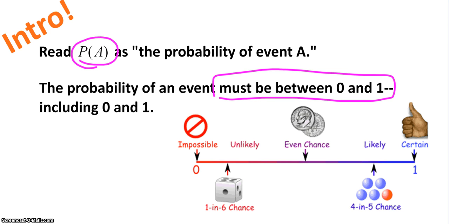There is no other choice here. 0 is really 0%, and 1 is going to be 100%. So we cannot have more than 100%. You can't be 110%. No. It's either 0 or 100 or something in between. You cannot be less than 0, you can't be negative, and you can't be more than 100.